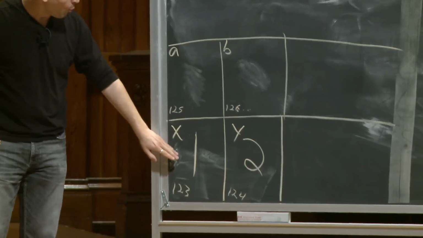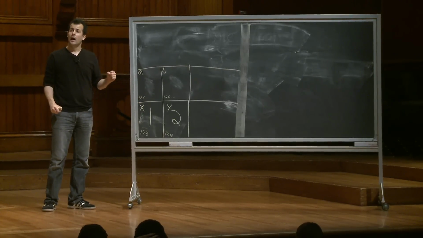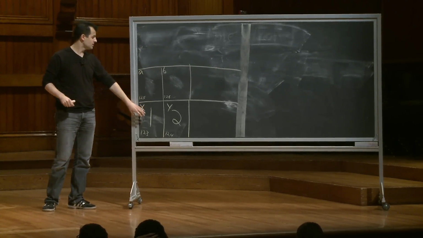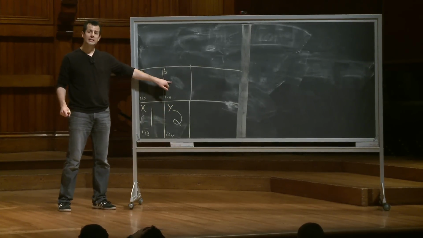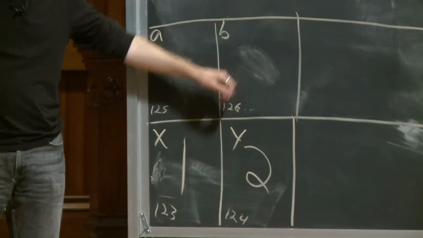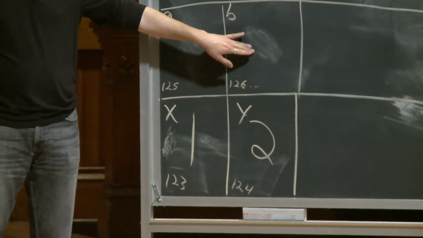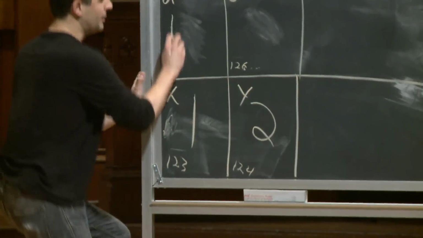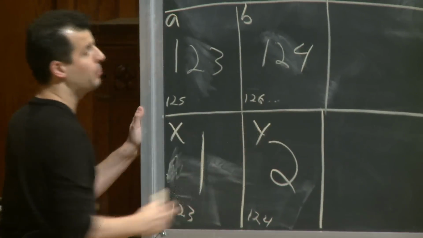So now, when I actually pass in x and y, I'm not going to pass in x and y. I'm going to pass in the postal address, so to speak, of x and of y, so that what gets stored here and here is not 1 and 2, but if you can see my small text, what gets passed in here and here? Exactly. 123 gets put here, and 124 gets put here.